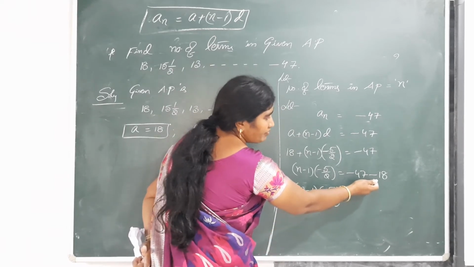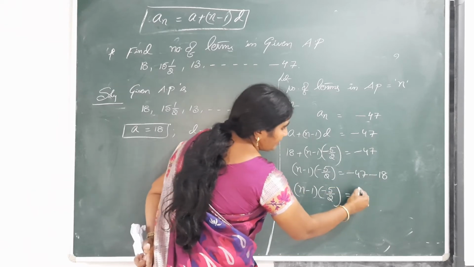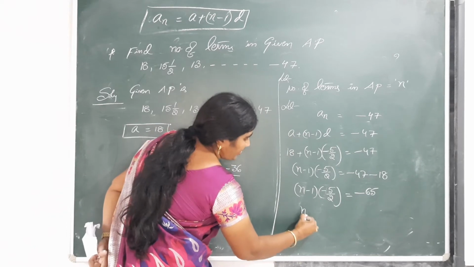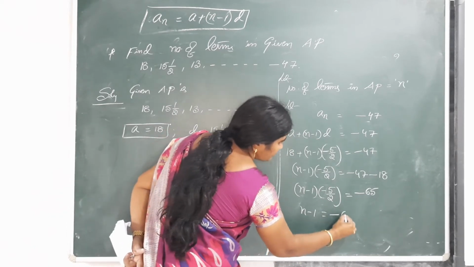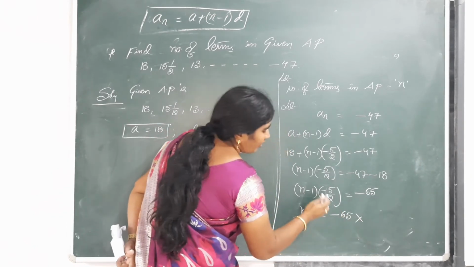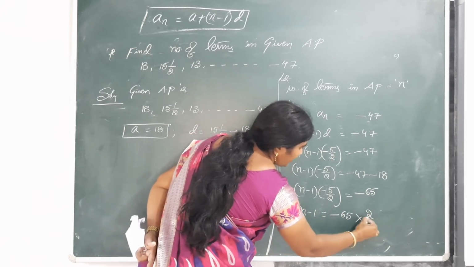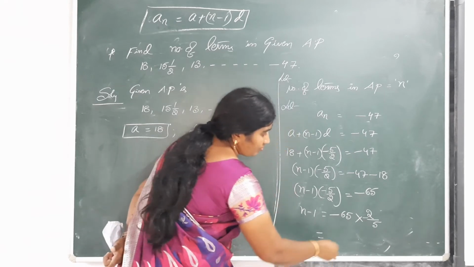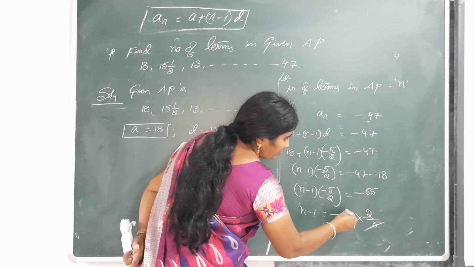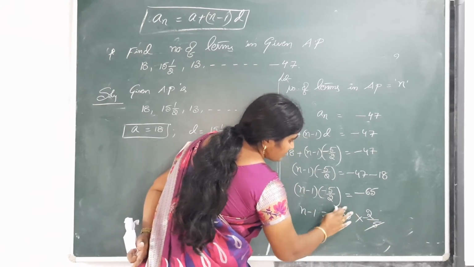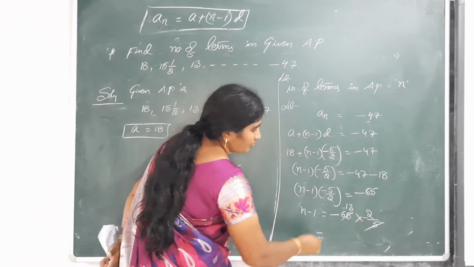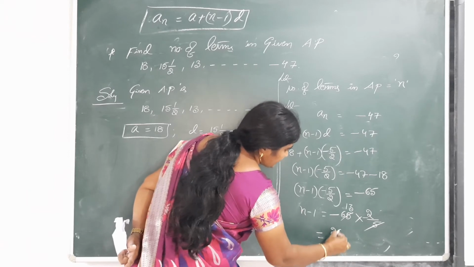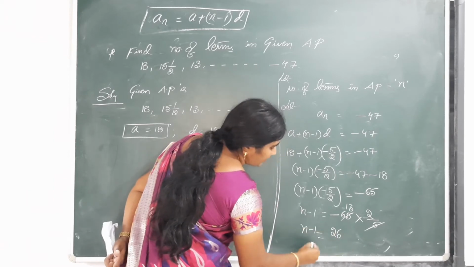Minus 47 minus 18 equals minus 65. Next, n minus 1 equals minus 65 into the reciprocal of minus 5 by 2, which is minus 2 by 5. 5 times 13 is 65, and minus into minus is plus, 13 twos are 26. So n minus 1 equals 26.